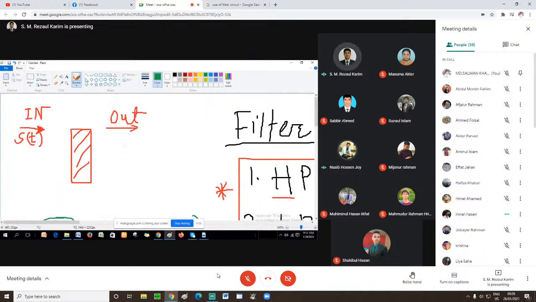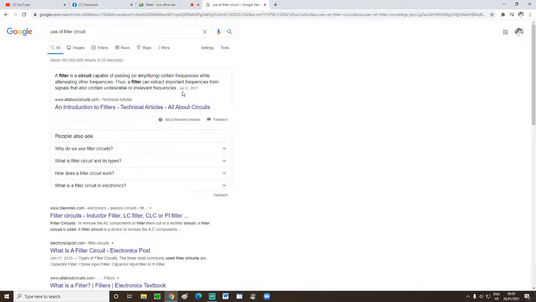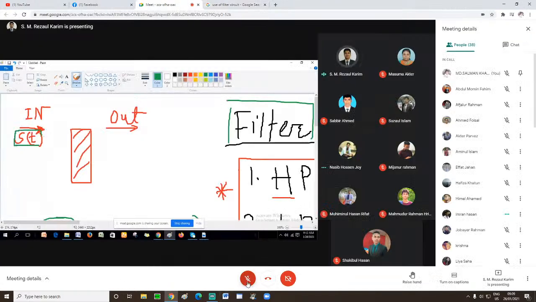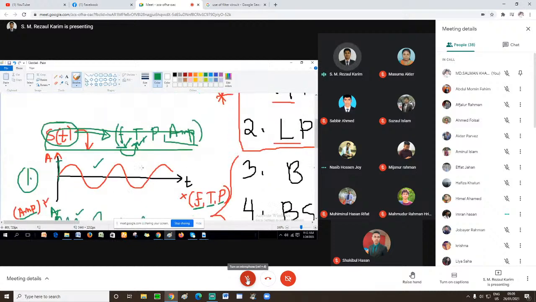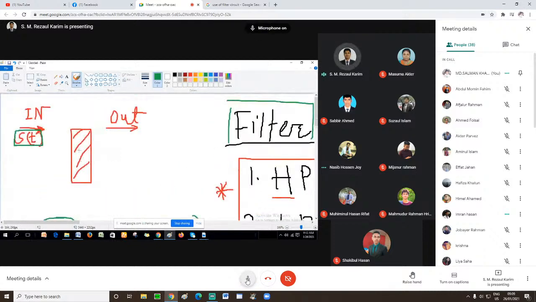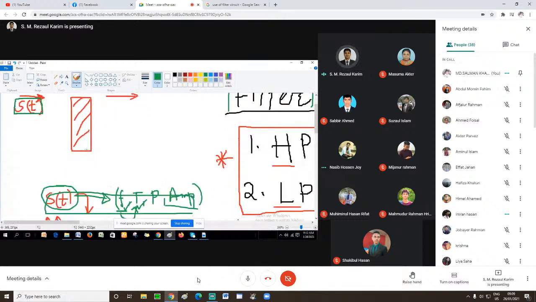Now look here, in the filter circuit, we are giving a signal for filtering. So based on what parameter will the filter work? That is my question now. I'm asking again, listen.